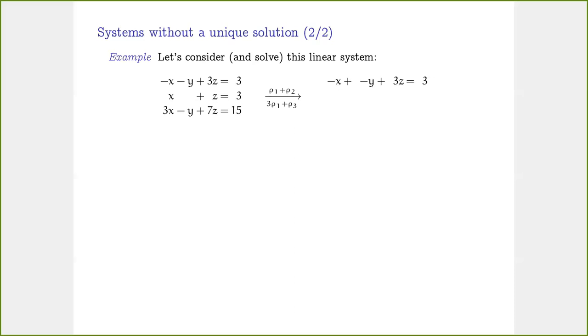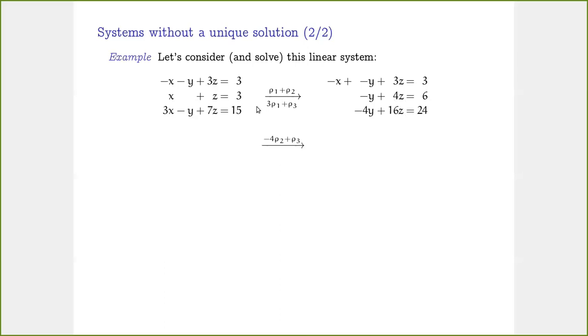So we'll keep the first row, and we will now add the first row and the second row. The x's cancel. Adding minus y plus 0 brings the minus y down to the second row. Adding 3z plus z produces 4z, and 3 plus 3 is 6. Okay, now we're going to add 3 times the first row to the third row to get rid of that first 3x term.